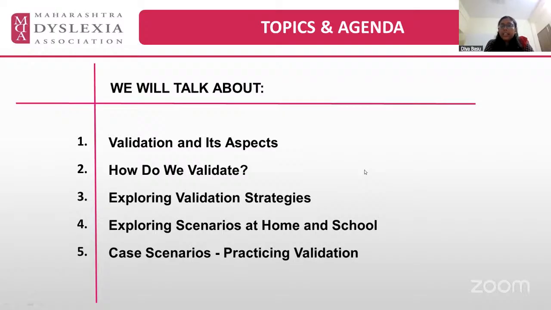And in the end, there will be a couple of case scenarios, one in the classroom and one at home. This will be for your practice, and there we will be having some discussions. You will be requested to write in the chat box about how you will be validating your child or your student in that particular situation.